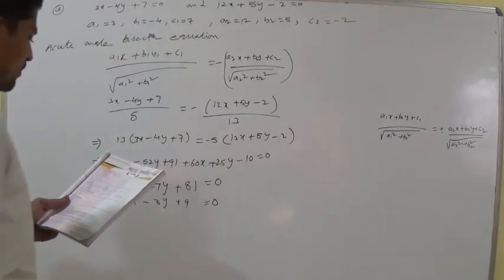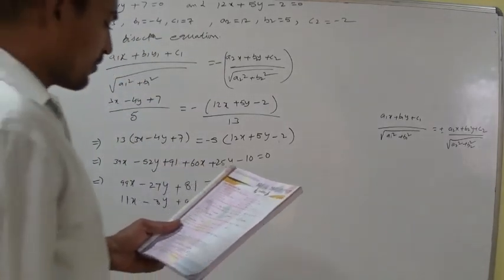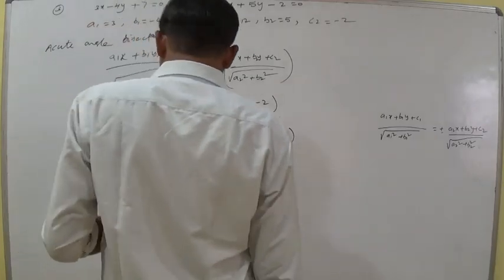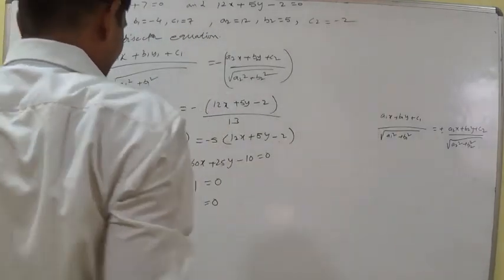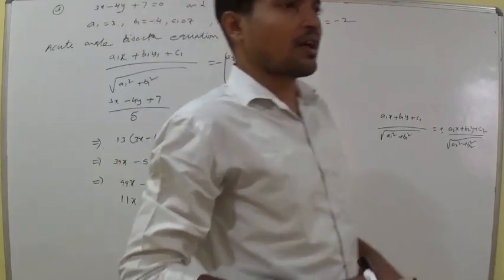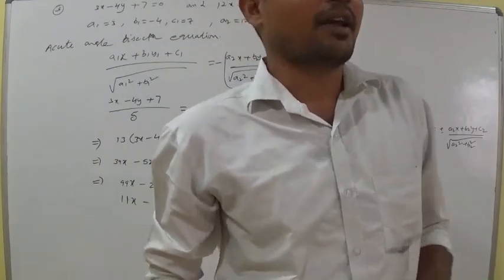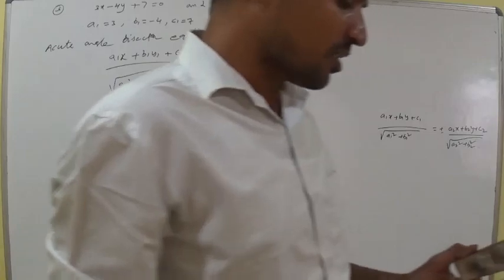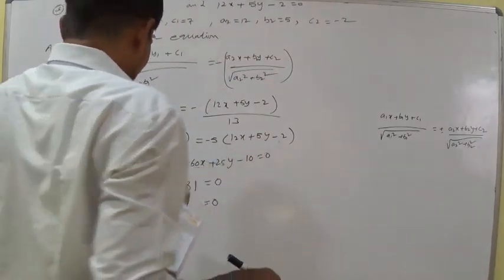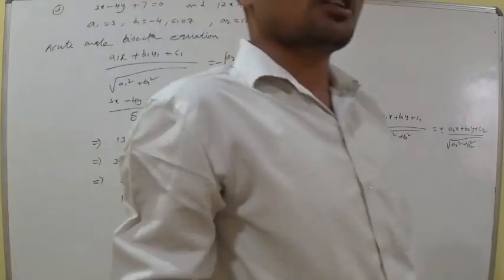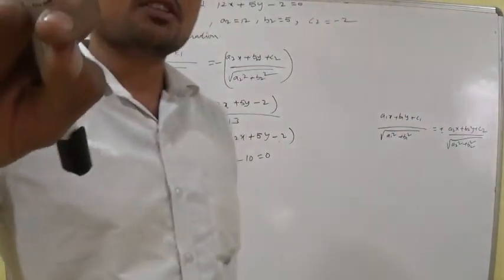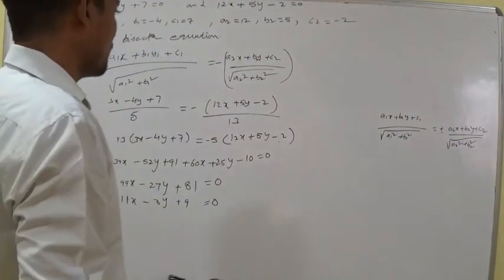Next, area of a triangle formed by the lines ax square plus 2hxy plus by square comma lx plus my plus n is equal to 0 is n square into square root of h square minus ab by modulus of am square minus 2hlm plus bl square.